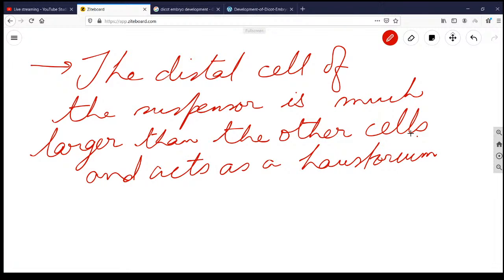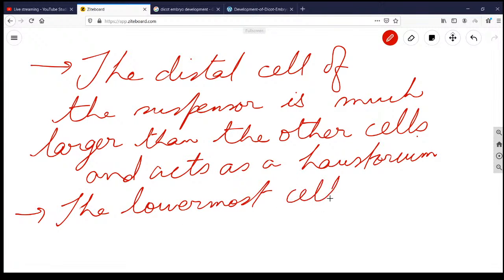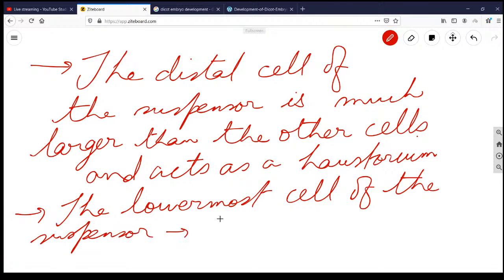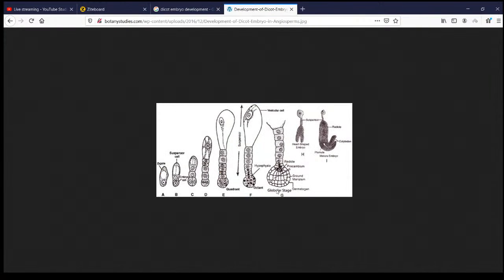And the lowermost cell of the suspensor is known as the hypophysis. Also know the lowermost cell of the suspensor is known as the hypophysis.